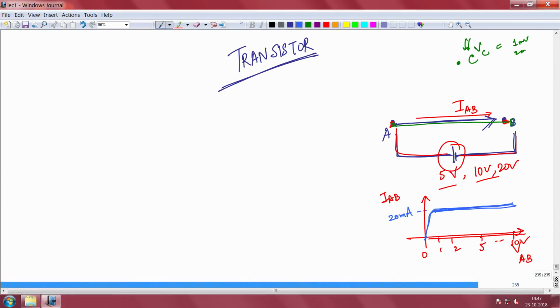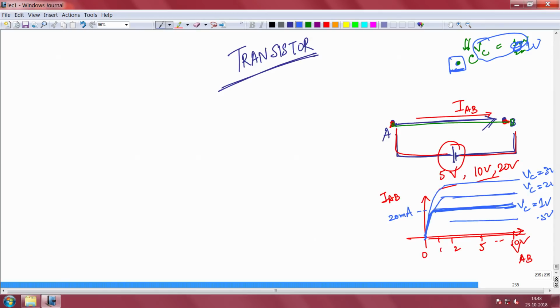Suppose this particular plot corresponds to V_C equal to 1 volt at the third terminal. If I increase V_C to 2 volt, this current should also increase. V_C equal to 3 volt, this current also should increase, and V_C equal to say 0.5 volt, this current should decrease, but they should all come to 0 at 0 volt.